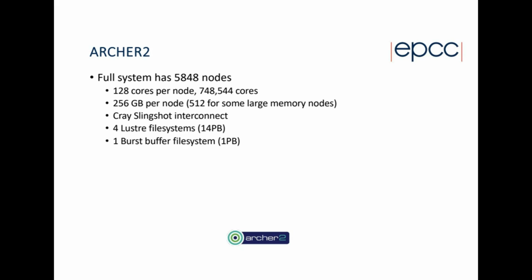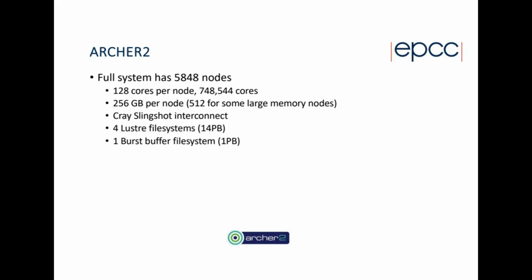A little bit about ARCHER2. The full system has just under 6,000 nodes in it. It's 128 cores per node. Each node has 2 AMD Rome EPYC chips with 64 cores each, so that gives us just under 750,000 cores in total.